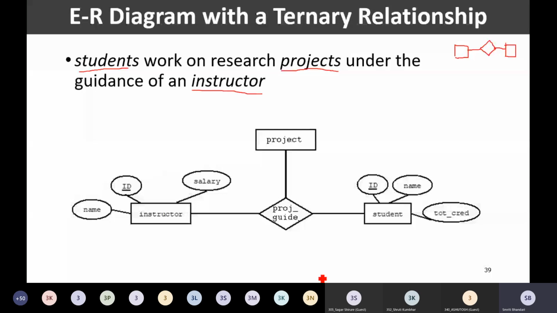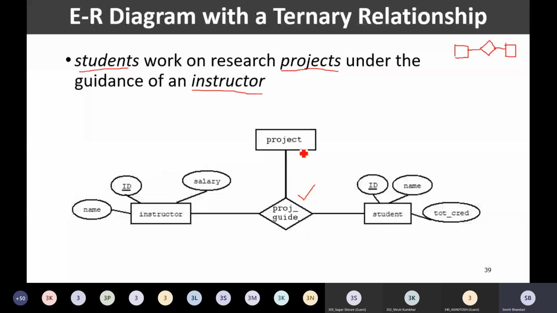Instructor is one of the entity sets, student is another entity set, and we are having one more entity set that is participating, that is project. So 3 entity sets are participating in this relationship set, that is project guide. And how are we interpreting this? Students work on the research projects under the guidance of an instructor.